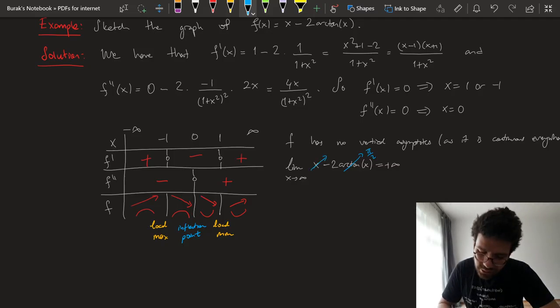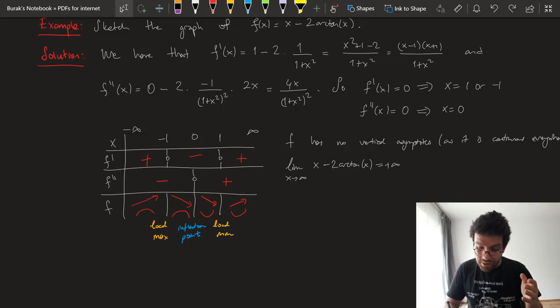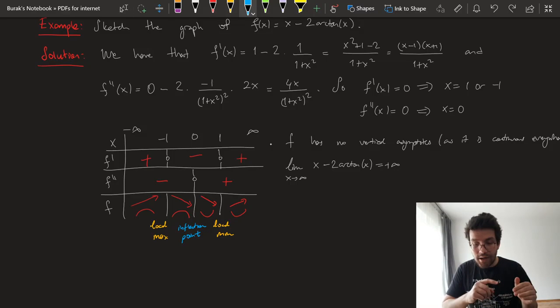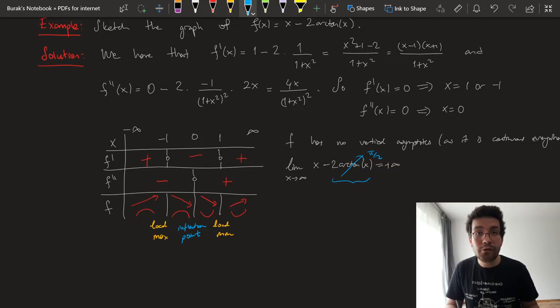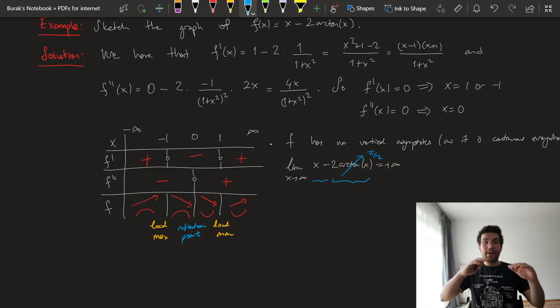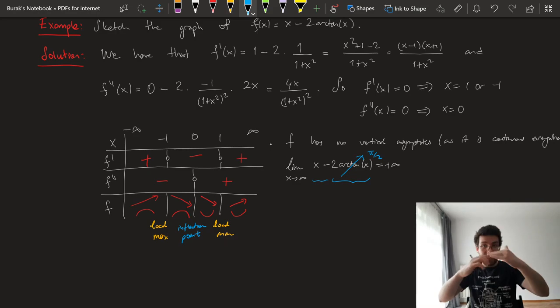So you're subtracting 2 times pi over 2, numbers which are tending to pi, from numbers which are tending to infinity. So this term goes to pi, but this term goes to infinity. Well, the difference will go to infinity, okay?